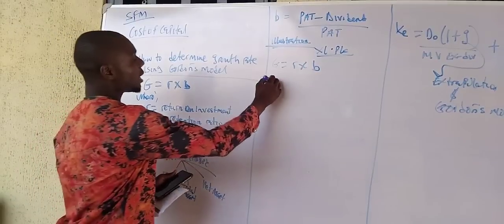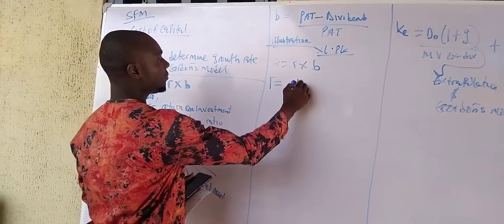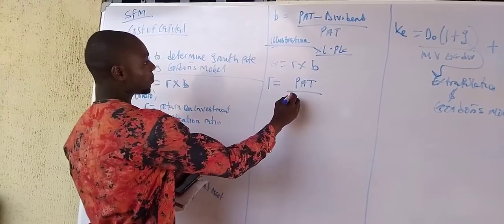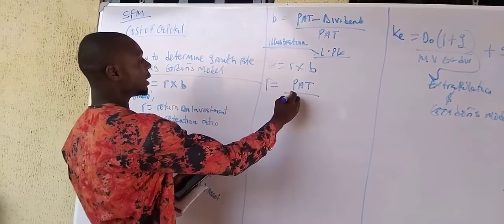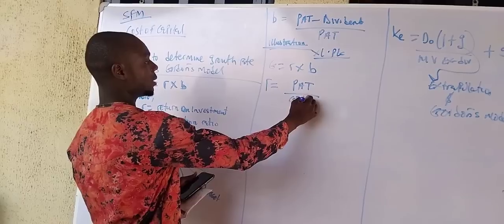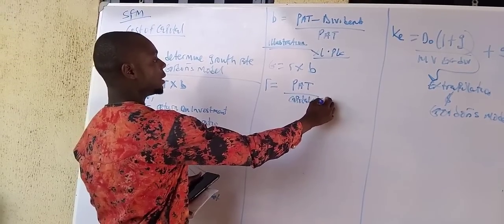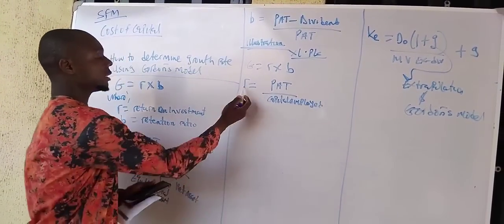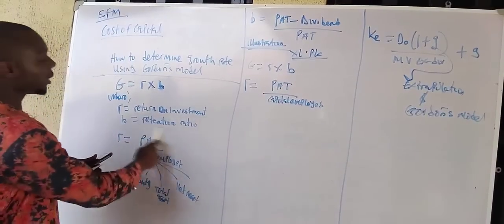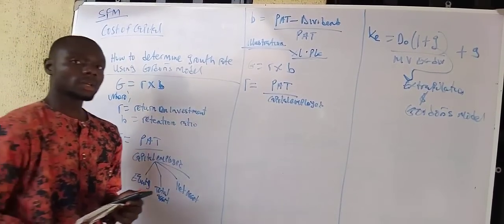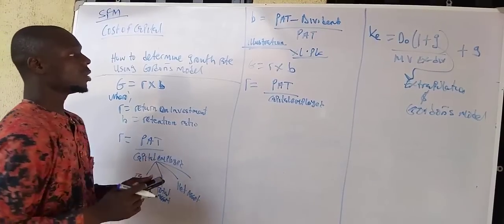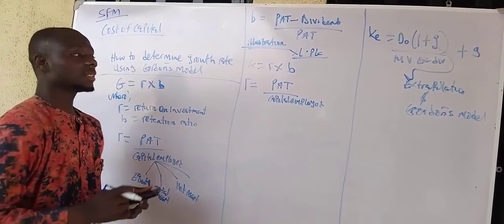Here our R is profit after tax divided by capital employed. We should not forget that R is the return on investment. So from this question, we quickly go to where we have profit after tax.